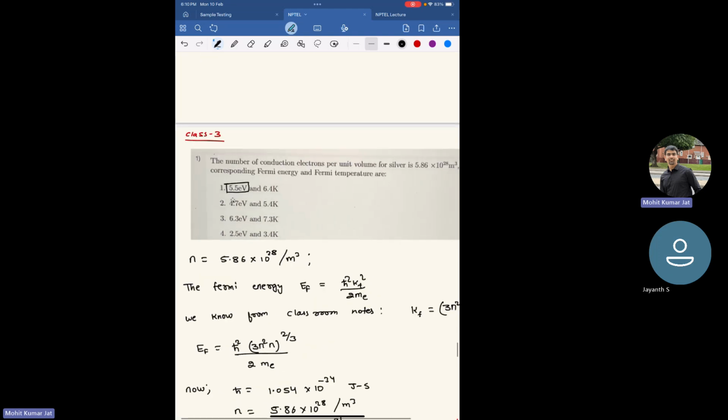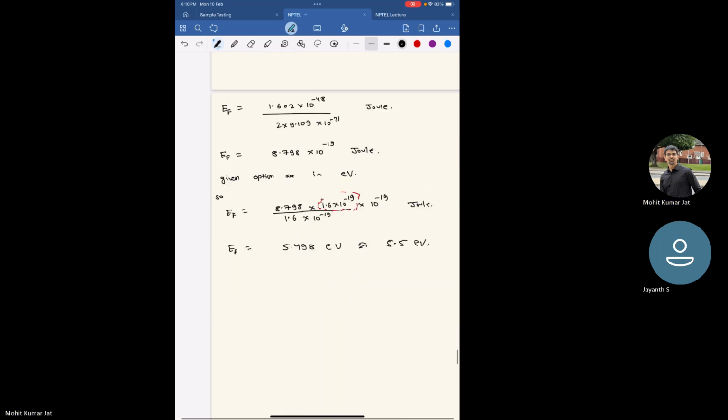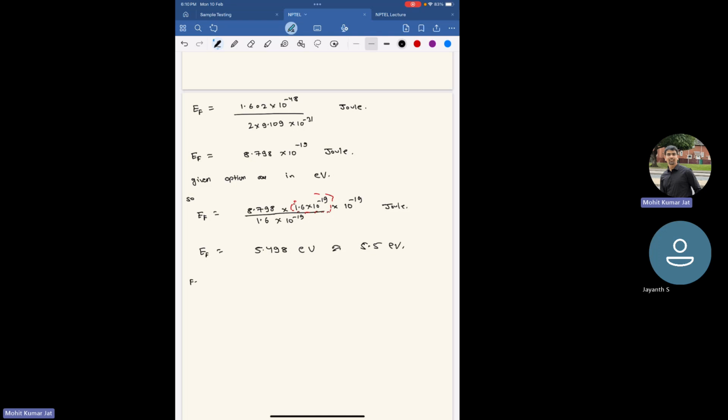Now the second part of the question asks what the Fermi temperature is. How do we calculate the Fermi temperature? For calculating the Fermi temperature, EF is equal to Kb times Tf, where Tf is the Fermi temperature.